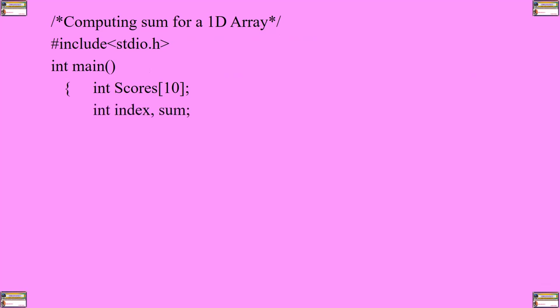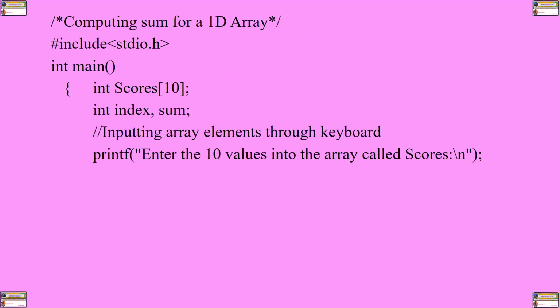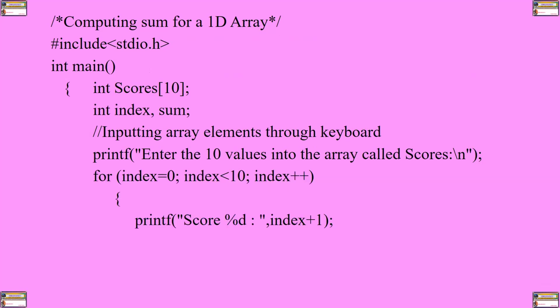So no initializing. And then from there, we now ask the user to enter the values. This statement is displaying the index number, and then here we have the reading of the value.